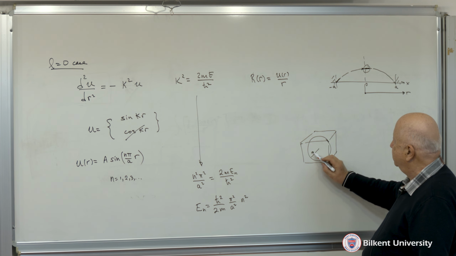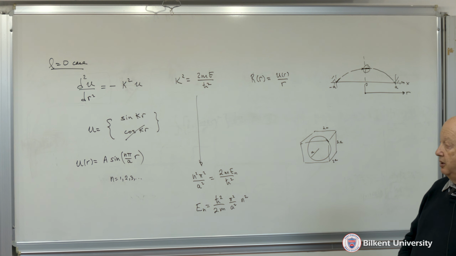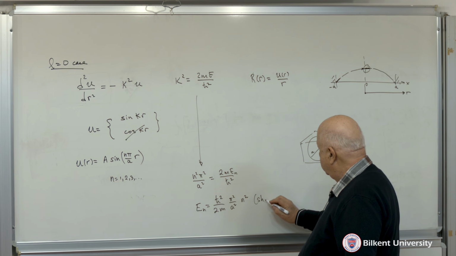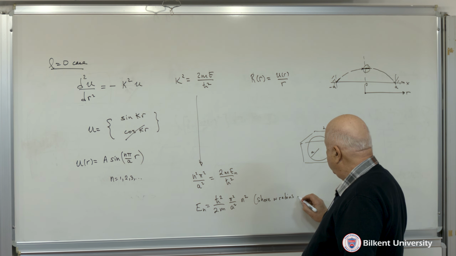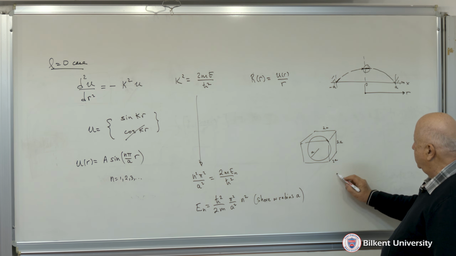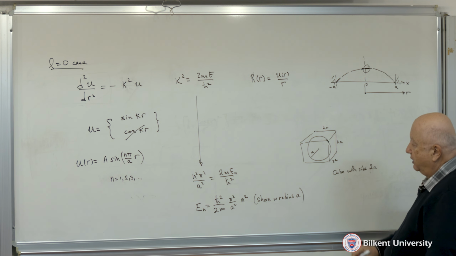The radius of the sphere is a, so suppose I have a 2a by 2a by 2a cubic box. Now, what would happen if I had a cube with side 2a? That would be comparable to the sphere.